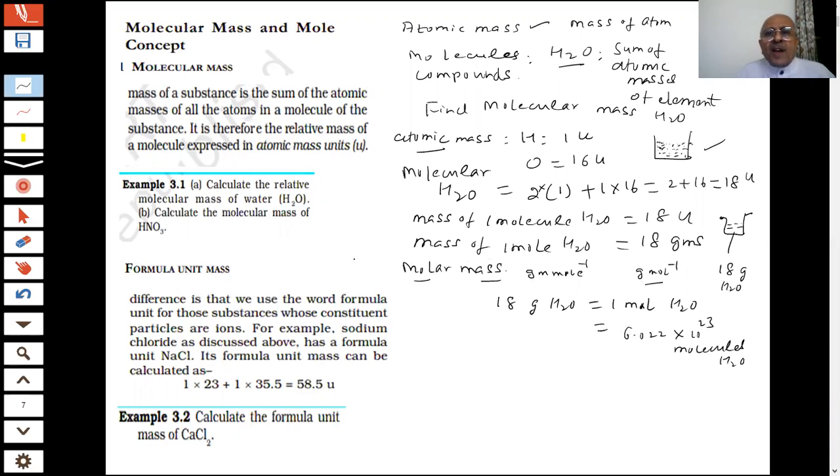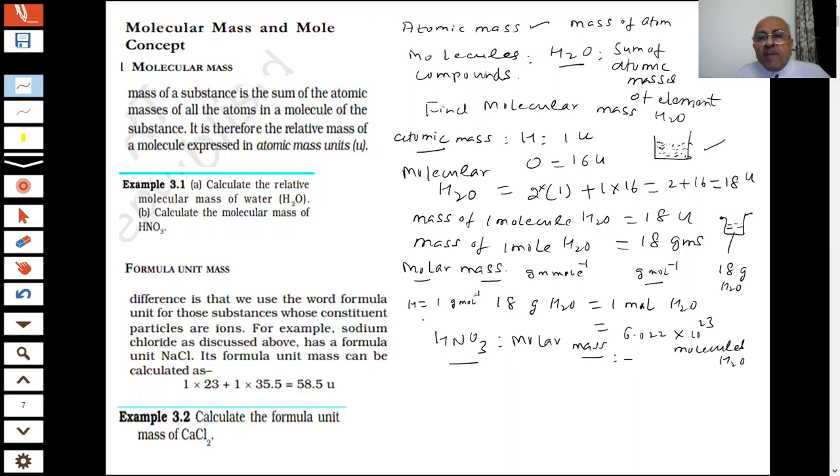Molar mass. So, for example, calculate the molecular mass of HNO3, students. How will we calculate the mass of HNO3? I say calculate the molar mass, students. I give you 1 minute for this answer. Hydrogen atomic mass, I am saying, is 1 gram per mole.